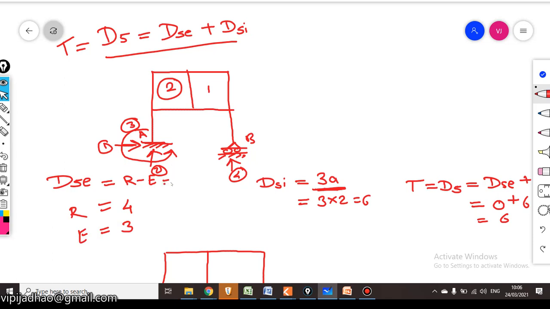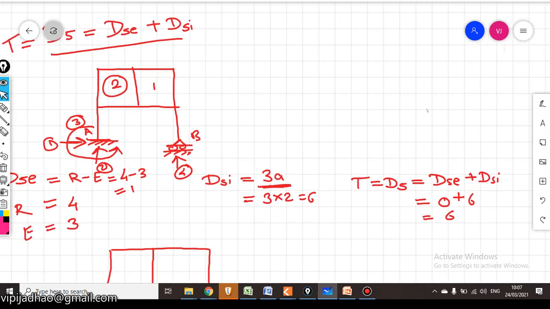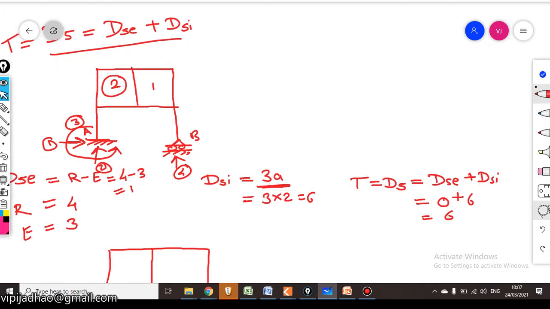Therefore degree of static indeterminacy will be equal to 4 minus 3, so this will be equal to 1. So the external part will not be 0 here, it will be 1 here.